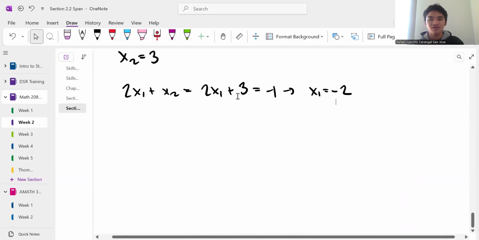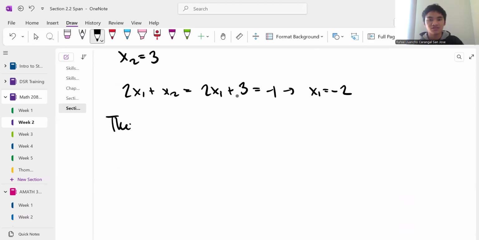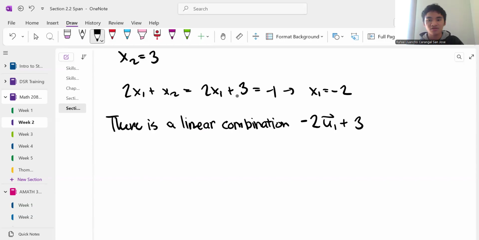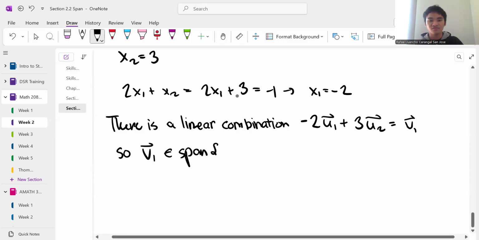So we say that there is a linear combination, and that is negative 2 of u sub 1 plus 3 u sub 2. And if we do that, we're going to get v sub 1. So v sub 1 is part of the span of u sub 1, u sub 2.